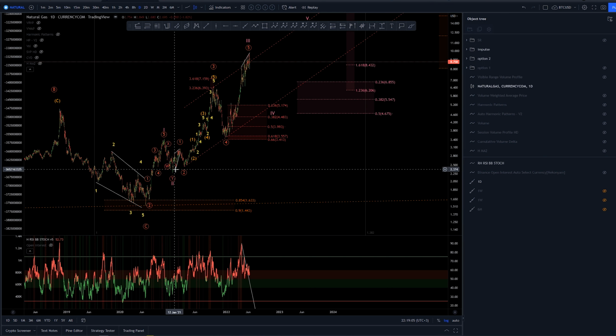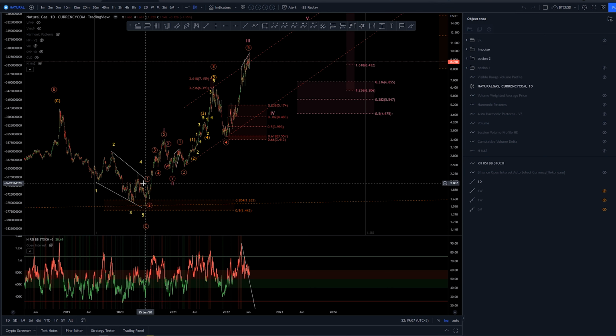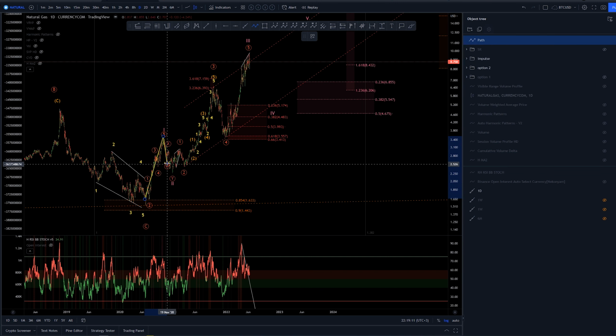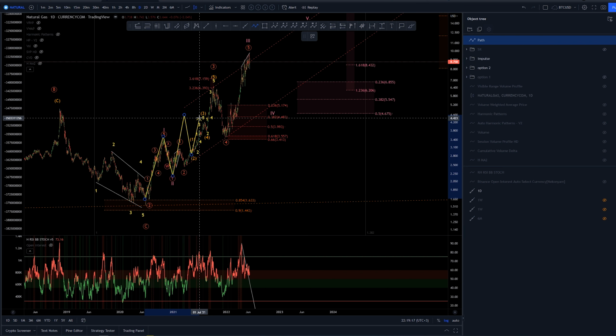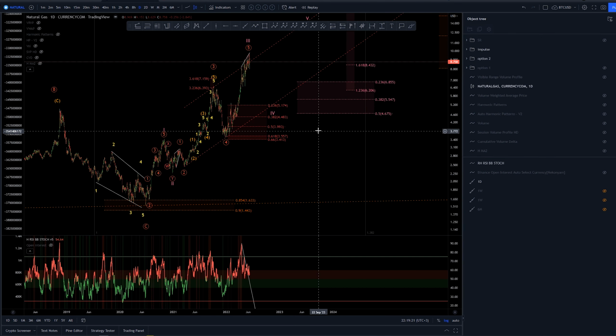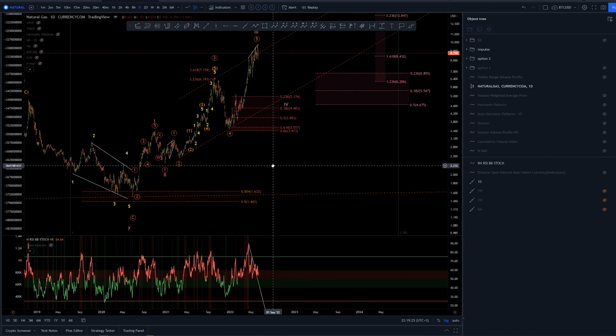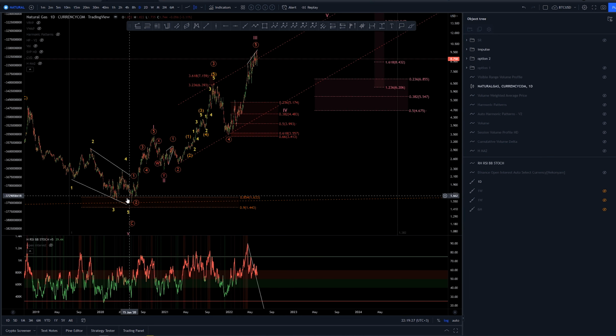And usually when these nested patterns happen, we would have structures that are smaller as the degrees get smaller. So this would be 1-2, a 1-2, a 1-2. You see the pattern? So each of the smaller sub-wave structures would be smaller in price than the previous one.